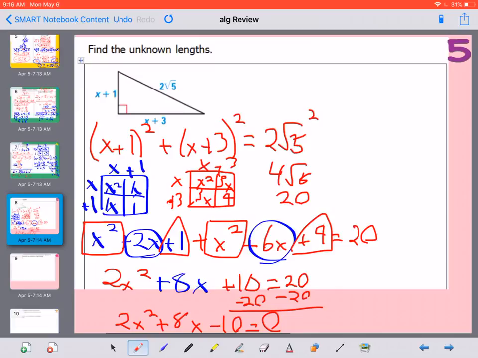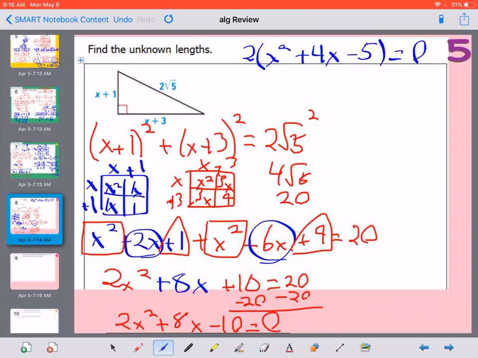So now I have a trinomial. I am going to factor that out. I can take 2 out of all of those. So I'm going to take that 2 out, and I get x squared plus 4x minus 5 equals 0.